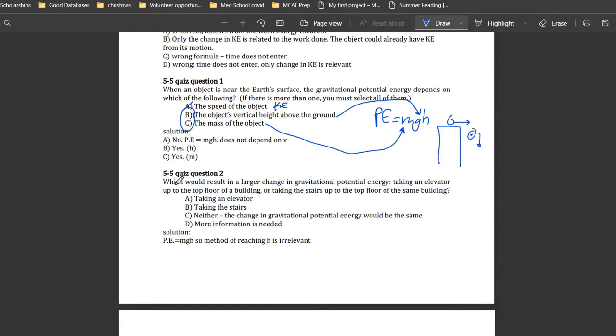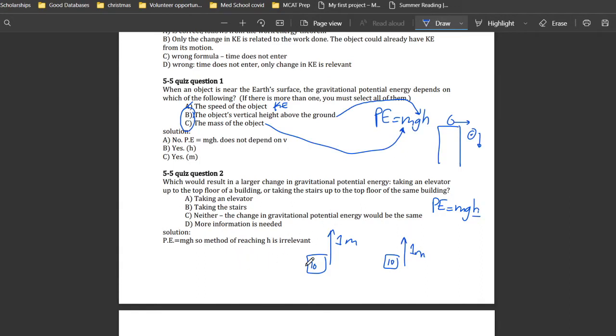5-5 question 2. Which of the following results in a larger change in gravitational potential energy: taking an elevator up to the top floor of the building or taking the stairs up? We have to recognize in this potential energy equation that as long as the height is the same, for two objects with the same mass, so if we have two bricks with the same mass, and they go up the same distance, let's say 1 meter each, they're going to have the same potential energy.